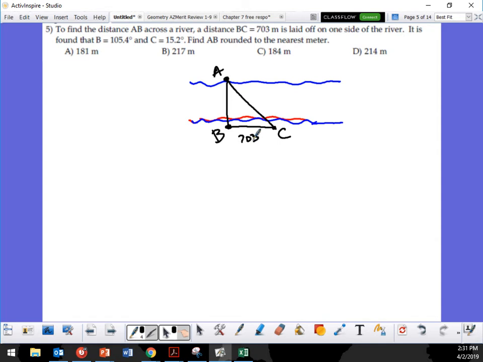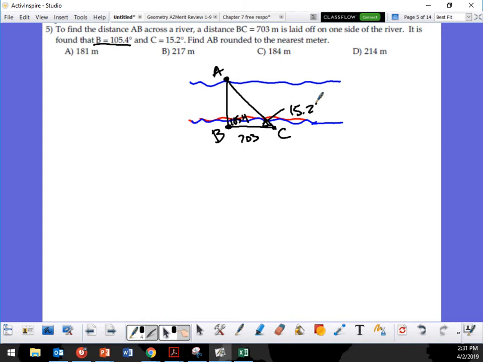And angle B is 105.4. C is 15.2. All right, find AB rounded to the nearest meter. So that means nearest whole number.